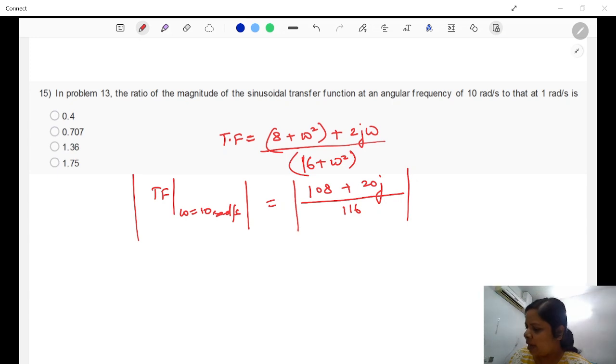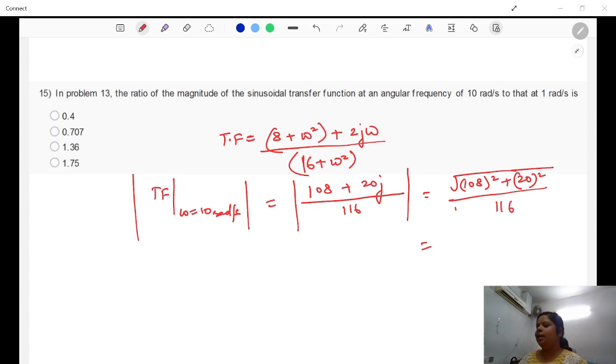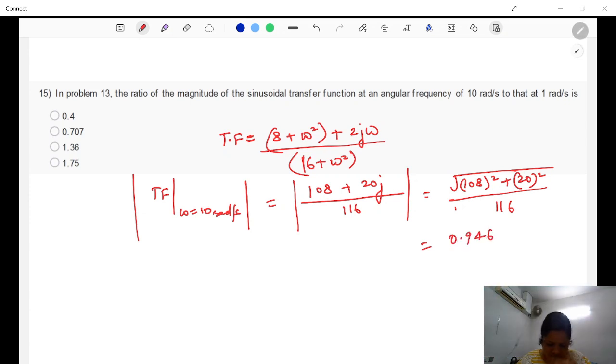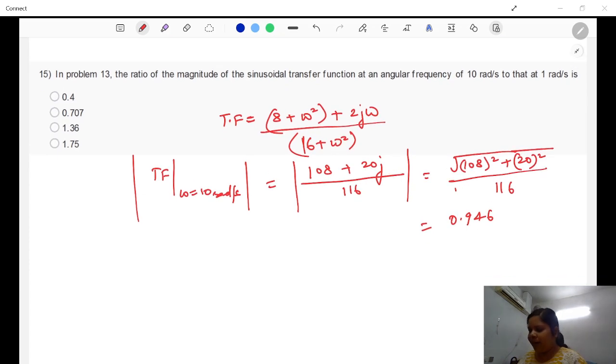When you try to find out the magnitude, you can calculate it to be square root of 108 square plus 20 square, upon 116. You'll get some magnitude over here. Can you tell me what is the number you're getting? 0.946, ma'am. 0.946. Okay. So we are supposed to find out the ratio.